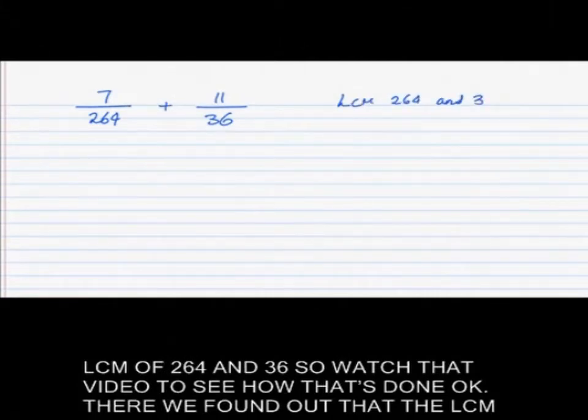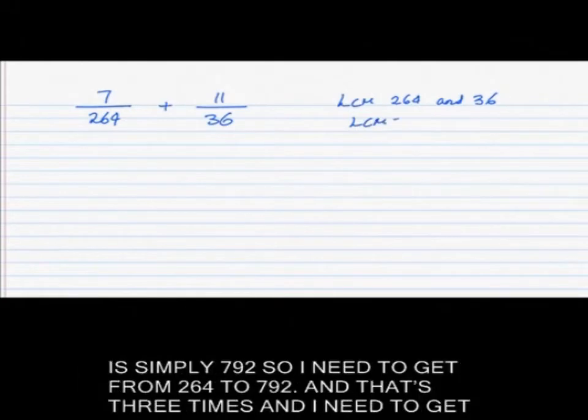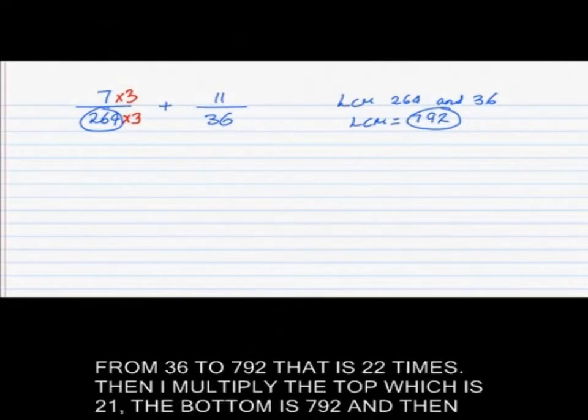So watch that video to see how that's done. Okay? There we found out that the LCM is simply 792. So I need to get from 264 to 792, and that's 3 times. And I need to get from 36 to 792. That is 22 times.